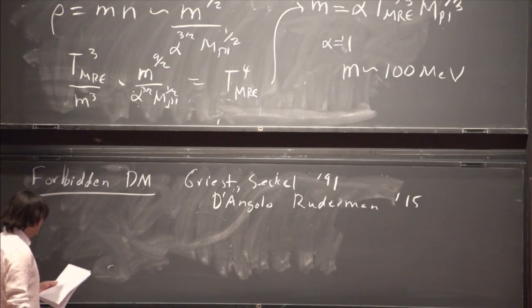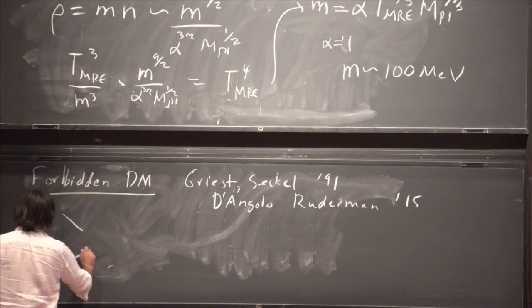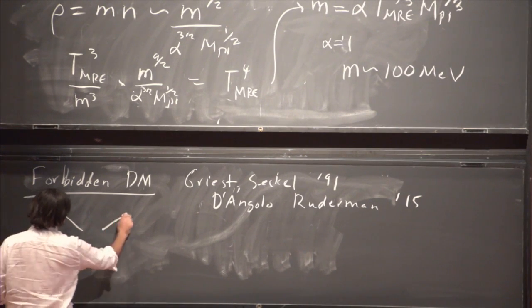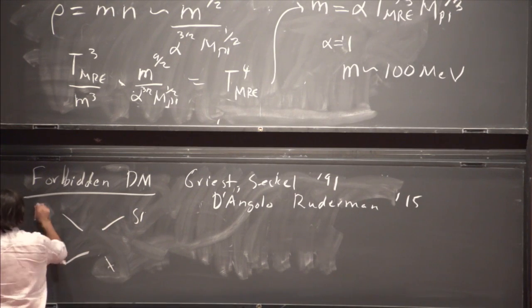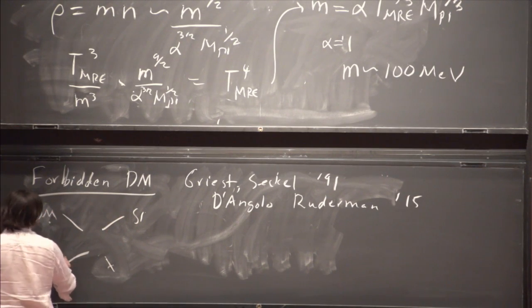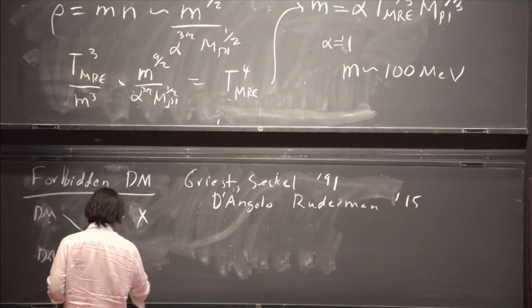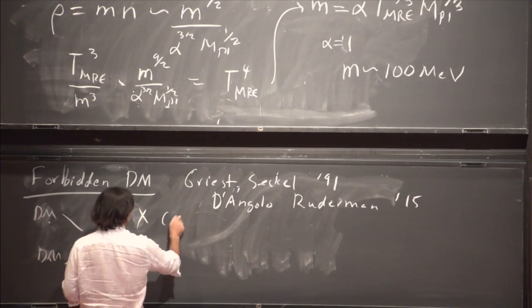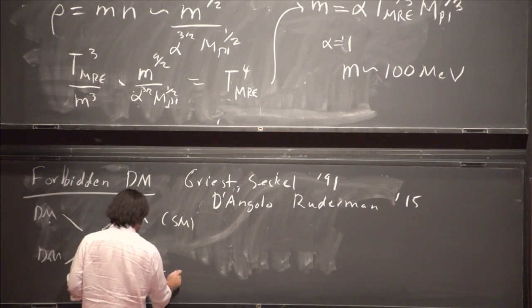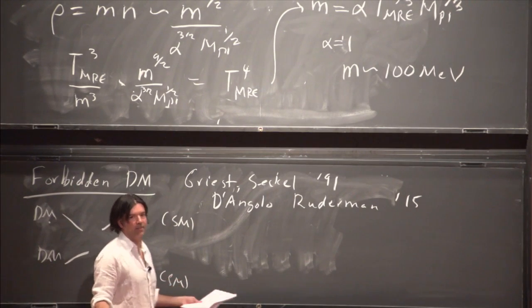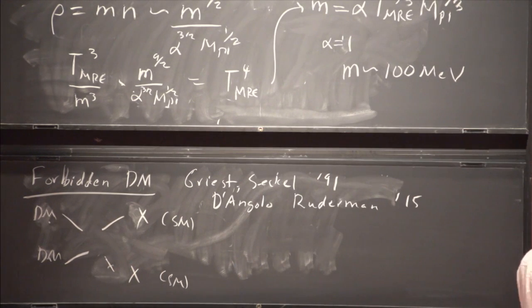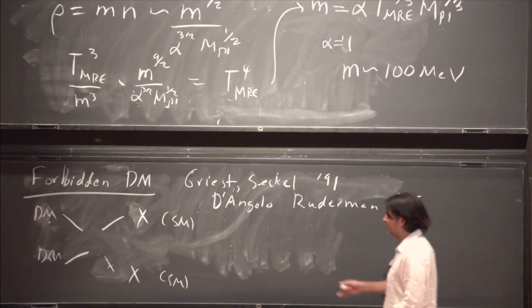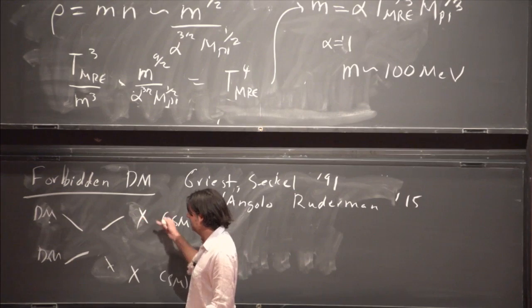The idea there is that we always assumed that dark matter was annihilating into standard model particles. So let me call this dark matter and dark matter, and let me call this X and X, which is some standard model particle, or it could be a non-standard model particle that is itself in thermal equilibrium with the standard model, but something. This X is what's going to be maintaining the equilibrium.